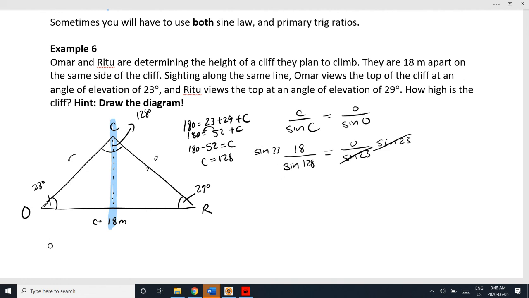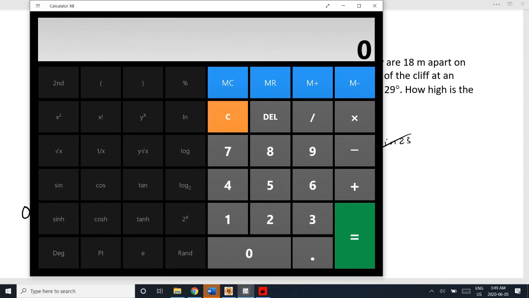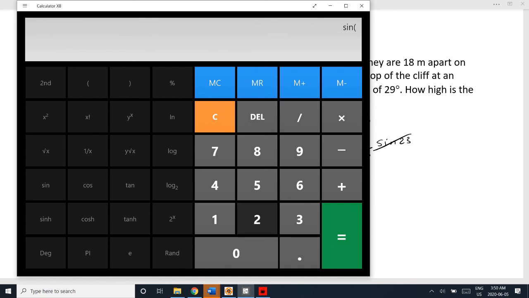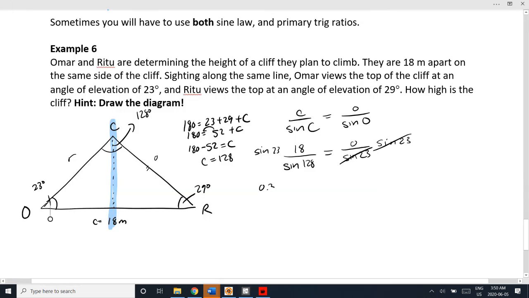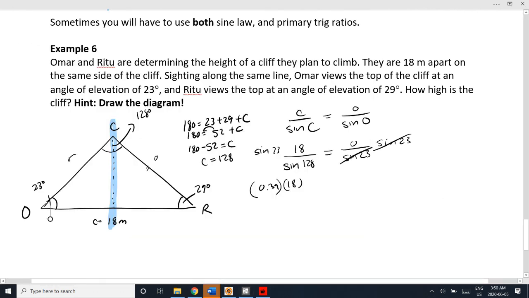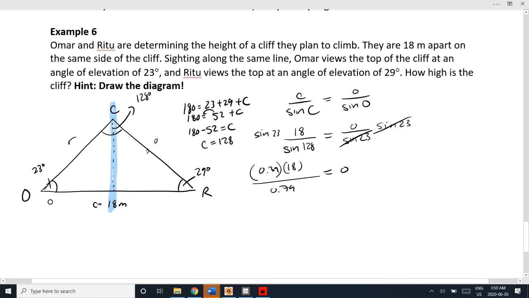So let's bring that up. Let's calculate what sine 23 is. So sine 23 is equal to 0.39. And then we just have 18, and then we'll figure out what sine 128 is. So sine 128 is equal to 0.788 or 0.79. And this is all equal to side O. Let's finish this off here.